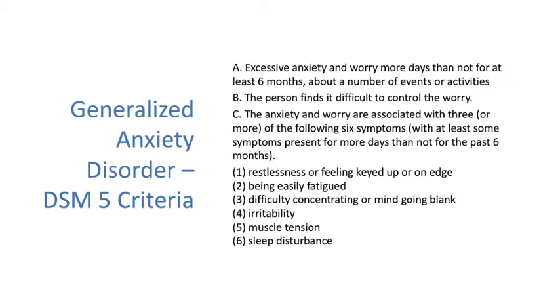And when you've had a chance to examine it, you'll probably notice that the hallmark feature of generalized anxiety disorder is the experience of uncontrollable and very debilitating levels of worry. Okay? And the person typically has a very, very hard time controlling this worry. And the DSM gives very clear criteria about how long the person needs to experience this excessive worry or anxiety, and that's about 6 months.